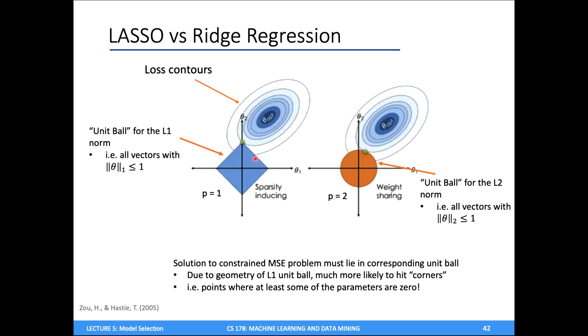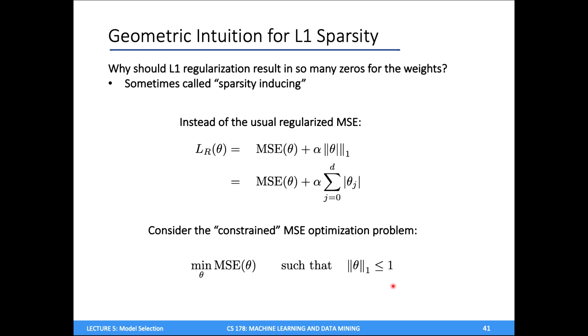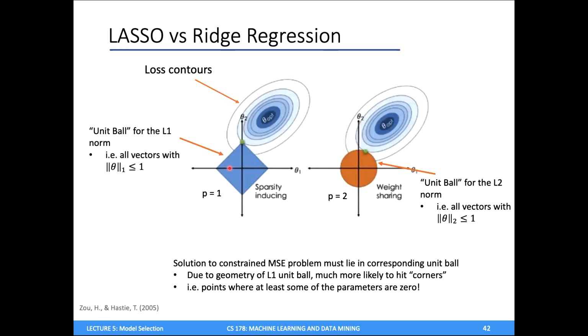What I'm plotting here in the blue diamond is what's called the unit ball for the L1 norm. These are all of the parameter vectors whose one norm is at most 1. So to satisfy the constraint, that this norm can only be smaller than 1, our parameter vector has to live inside of this blue diamond.